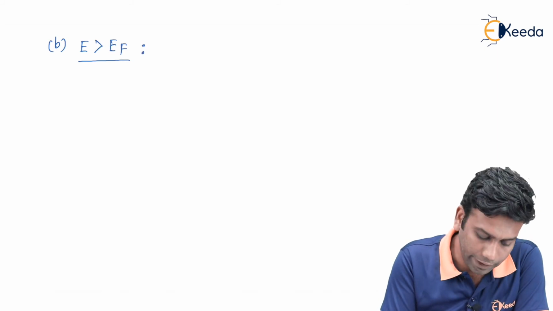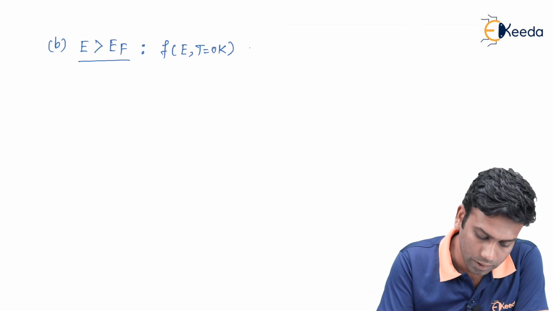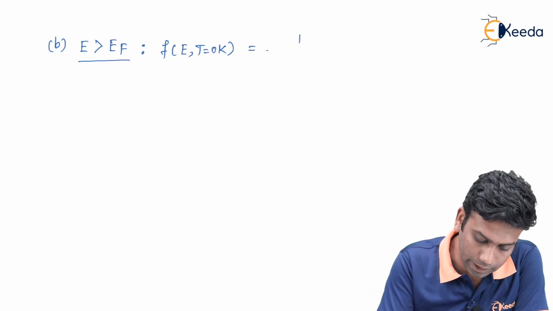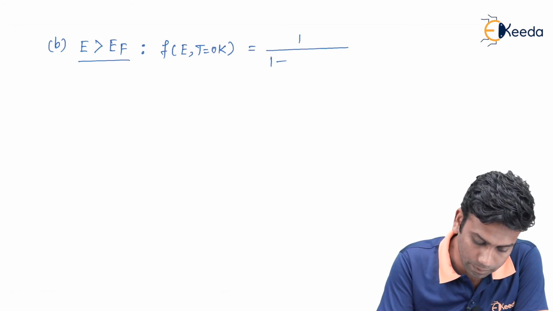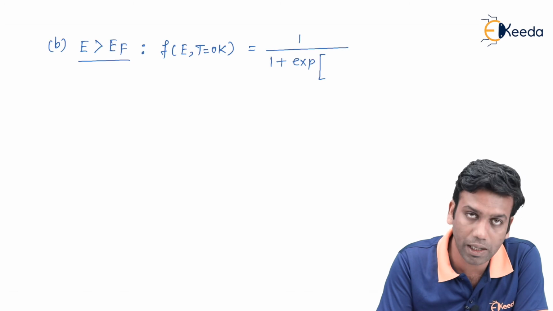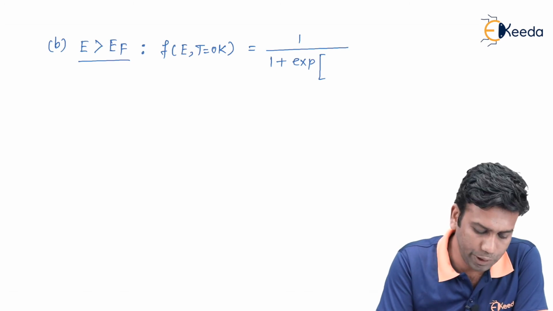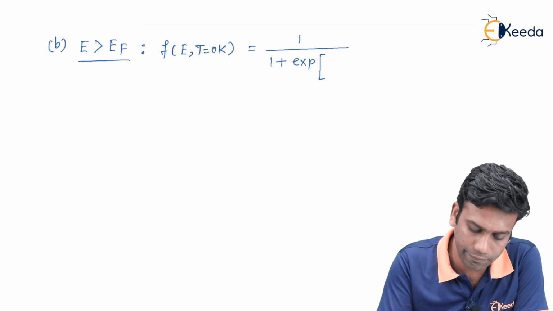So the value of the function Fe(T), and T is at 0 K, I can write the equation like this: 1 plus exponential (E minus EF) part in the numerator will be positive because this capital E is greater than EF.